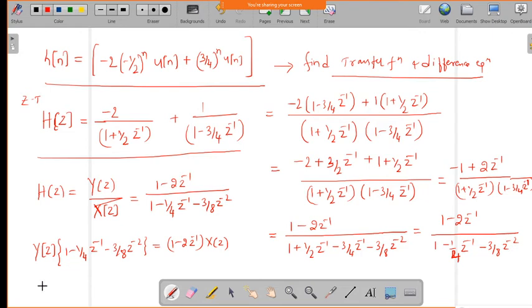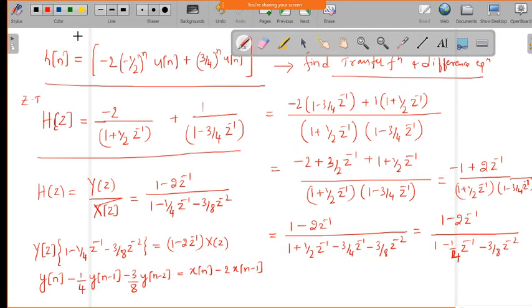By using the time shift property you can write y of n for 1 into Y(z); if you take the inverse z transform, you will get y of n. Similarly, minus 1 by 4 into y of n minus 1, minus 3 by 8 into y of n minus 2, which is equal to x of n minus 2 into x of n minus 1. So now from the impulse response we have achieved the difference equation.